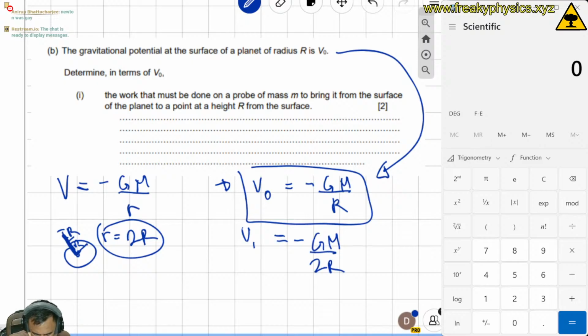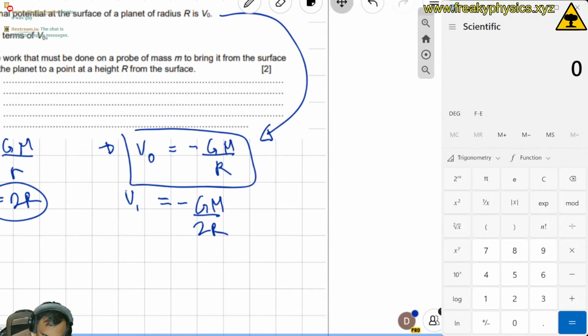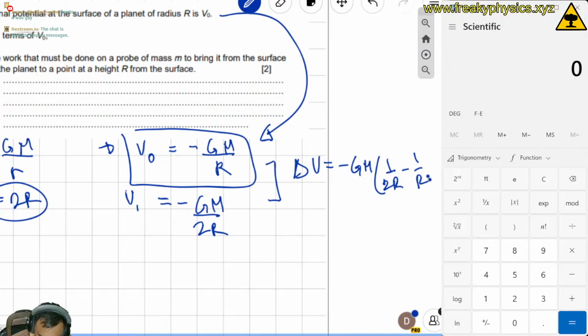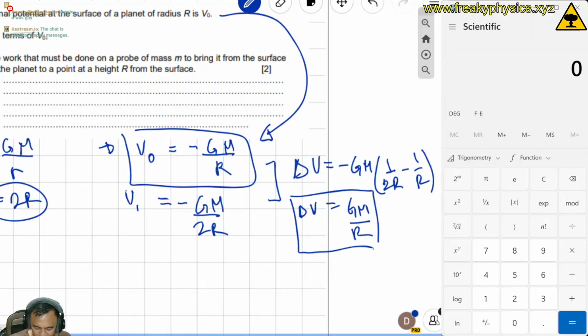So what's the difference in potential? The change is equal to negative GM times 1 over 2R minus 1 over R, and that's just going to give us GM over R. So that's the change in the potential.